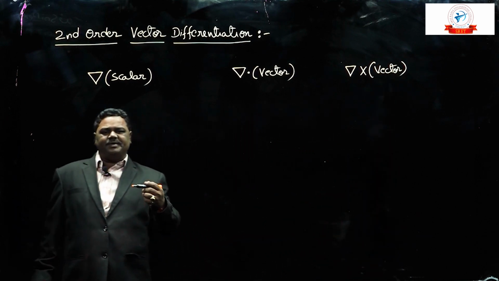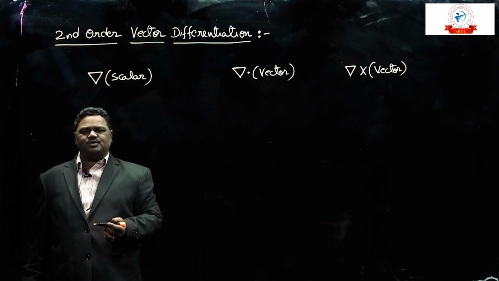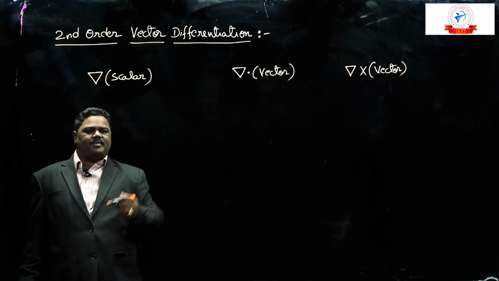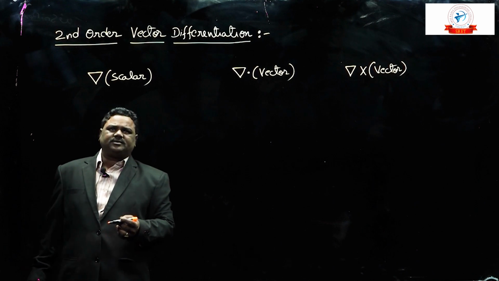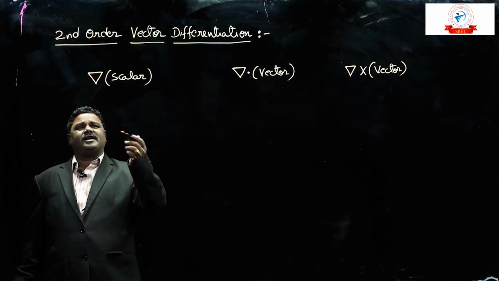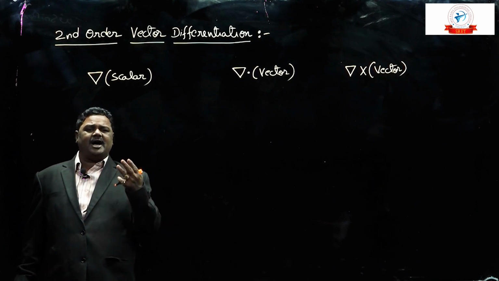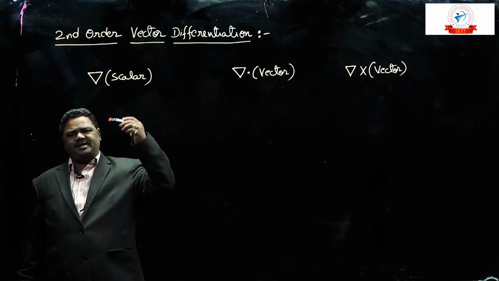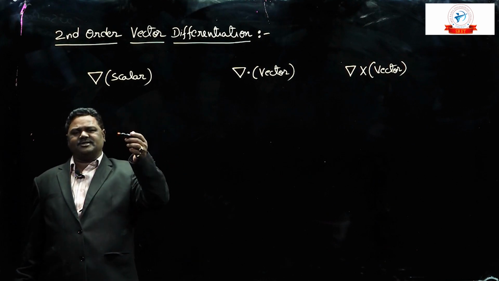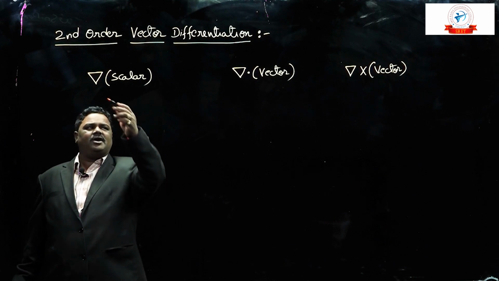Now if you apply differentiation a second time on any of these operations, that is called second order differentiation. We know 3 operations: gradient, divergence, curl. Let us apply all 3 of them as a second differentiation on each of them.